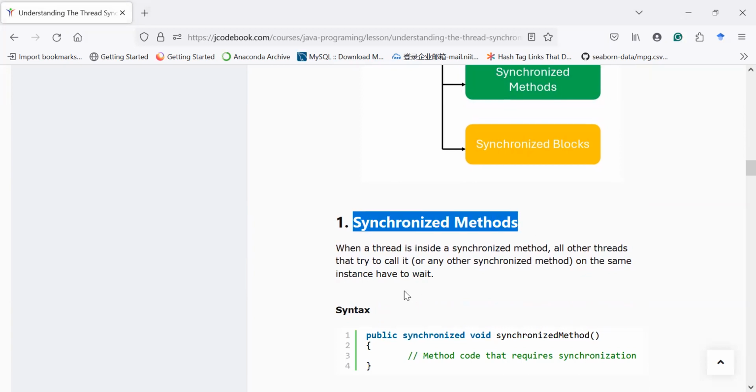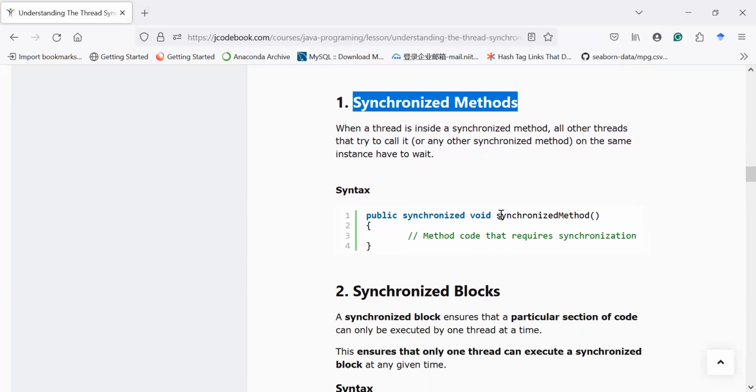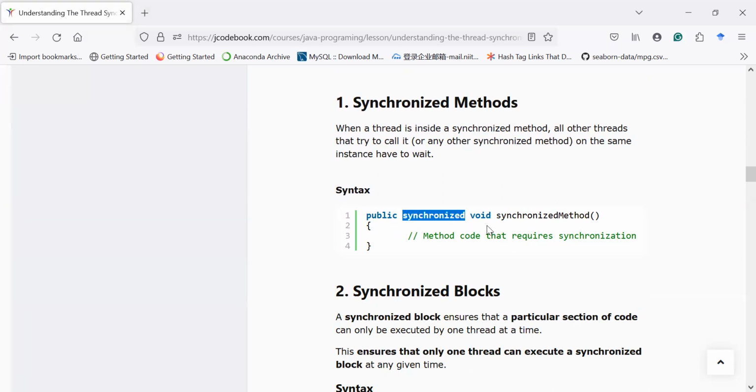When a thread is inside a synchronized method, all other threads trying to call it on the same instance have to wait. To define your method as synchronized, you simply write the synchronized keyword before the return type of the method. So your method will be synchronized and only one thread will use this method at a time.